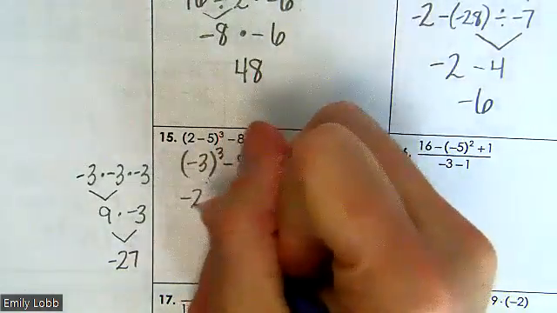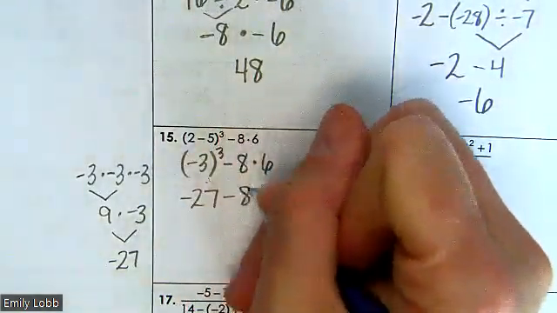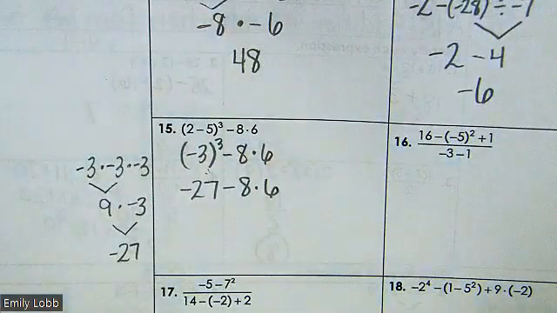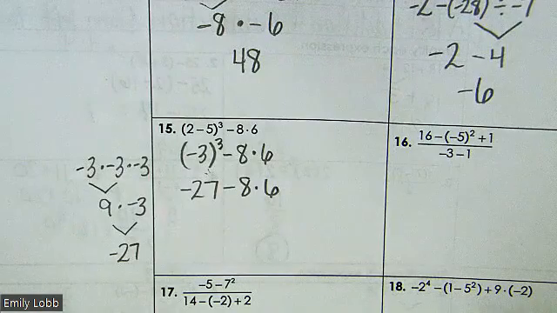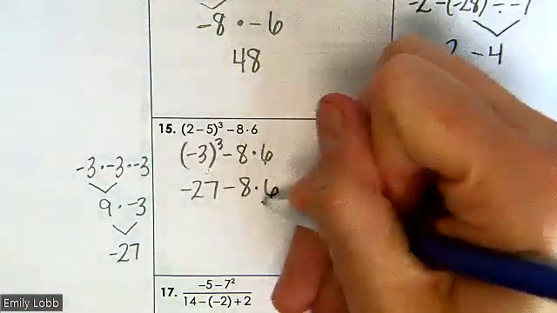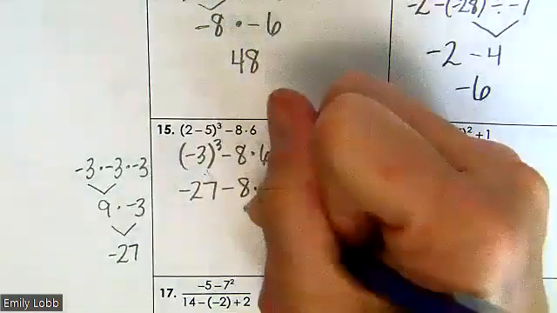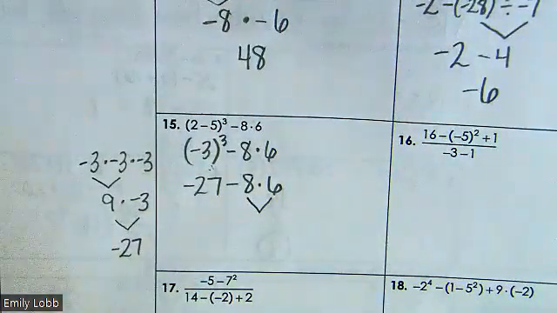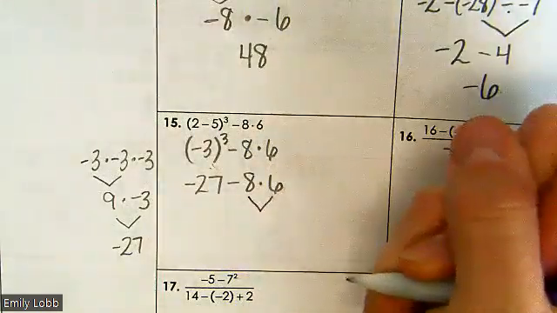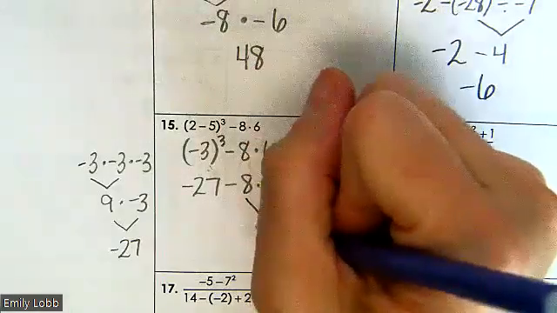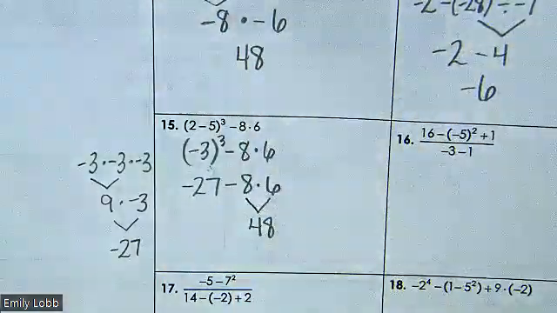So I have -27 minus 8 times 6. What do I do next? Am I going to subtract or multiply? Multiply. What is 8 times 6? Guys, come on, we just did this. 8 times 6 is 48.